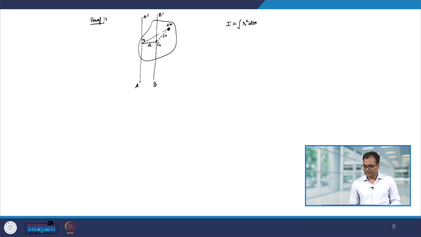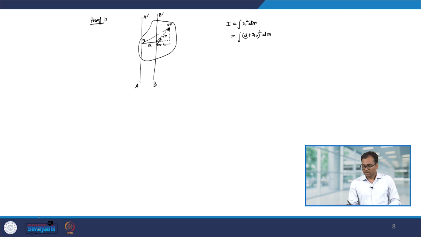Then I can write this down as integral of (d plus r naught) square dm, because r is d plus r naught, and let us say this r naught is making an angle theta from the horizontal line, and this distance is, let us say, u.